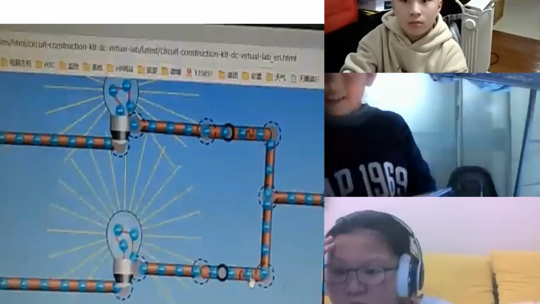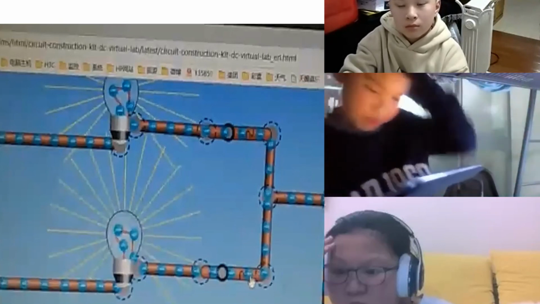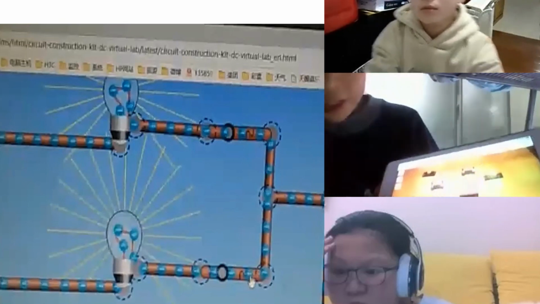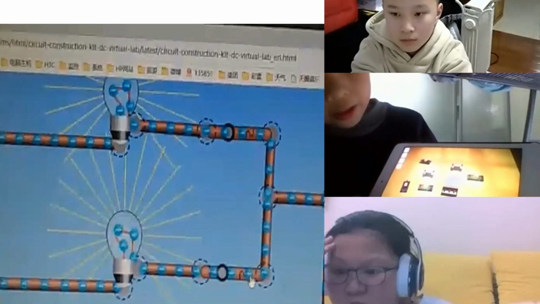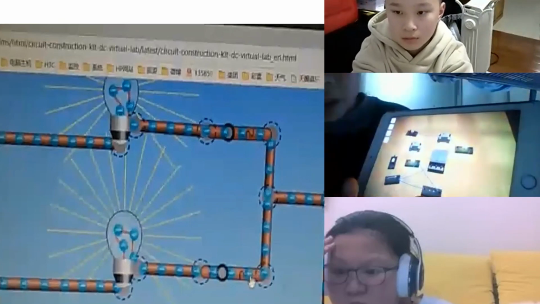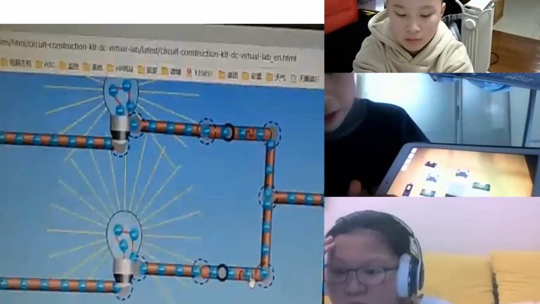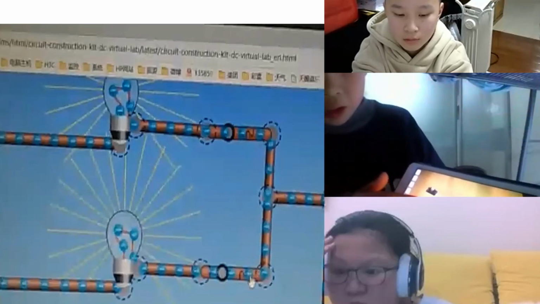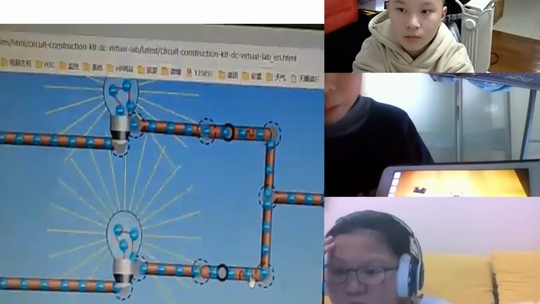Whoa, what's going on there? All right. There are 1 big switch and 2 small switches. When the big switch is open, you need to open the small switch, and when the small switch is open, the light bulb will light.